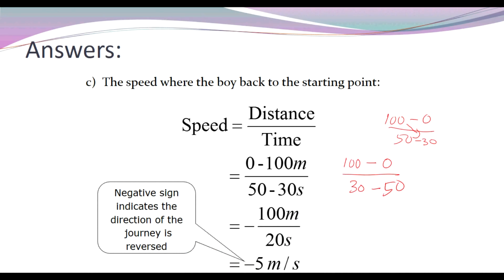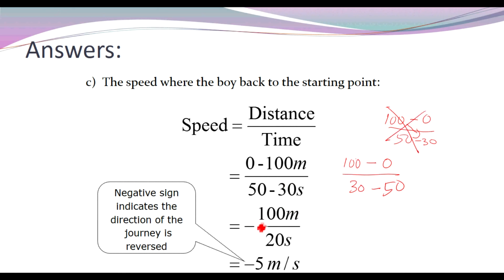So you cannot put it at the back with 100 at the front. If 100 is at the front, 30 must also be at the front. When 100 is at the back, 30 must also be at the back. You cannot write it like this. This is wrong. Use either this or this.